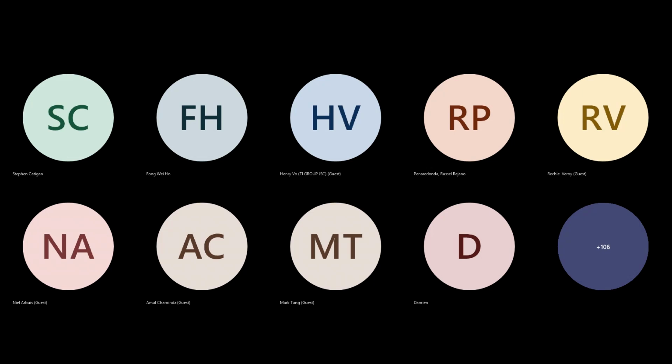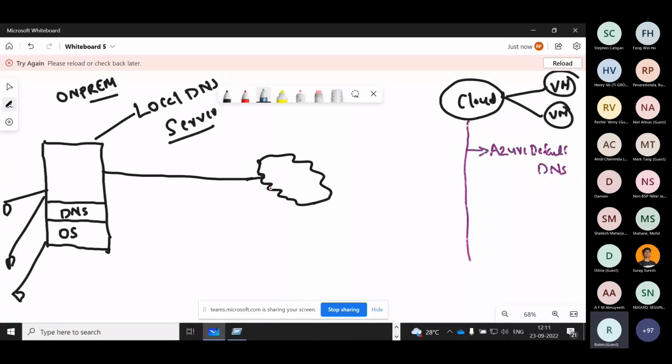Right now we understood that on the Microsoft side, by default Azure has configured a DNS for us. Second, if you're thinking, no, I don't need this kind of option, we understood we can go for an external one and configure it. Now that's one option. The second option is, instead of doing it this way, you can configure a local DNS server inside a cloud.